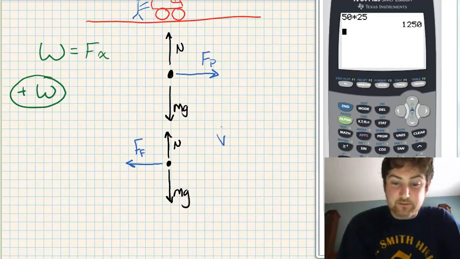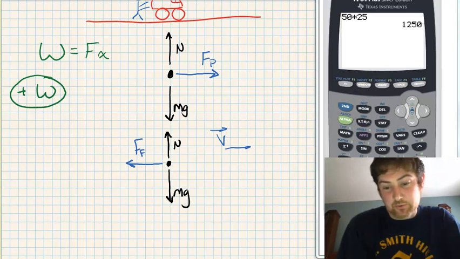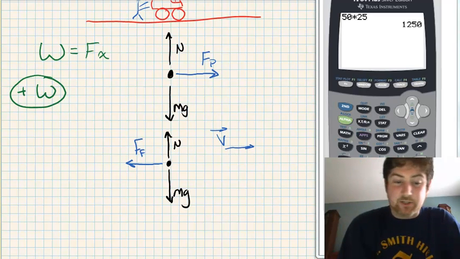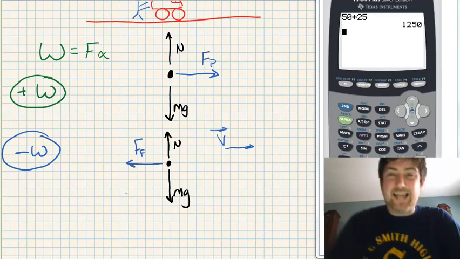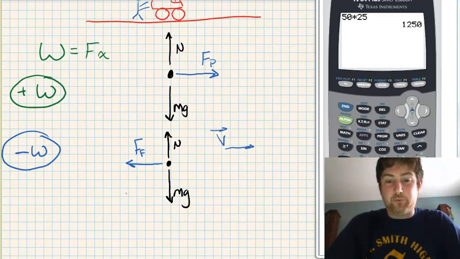The velocity is still to the left. They're opposite directions. So we call this negative work, because energy is leaving the system through friction. And when friction happens, normally it leaves the system as heat.